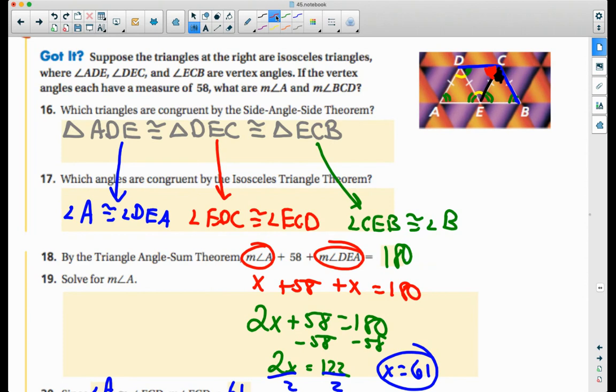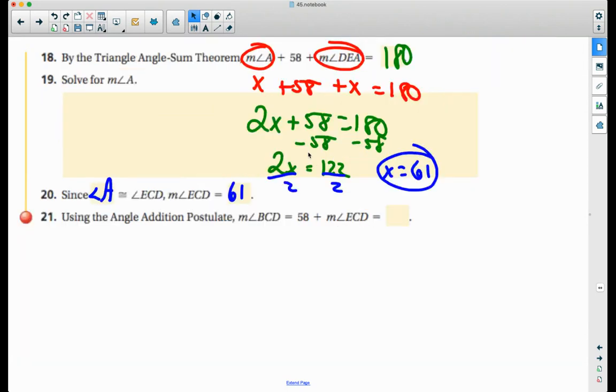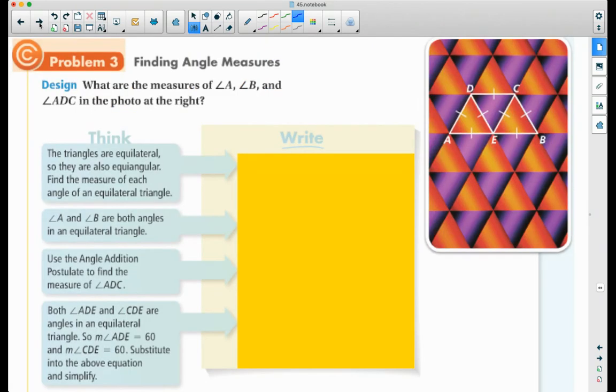We know each one of those measures already. The measure of angle BCD is going to equal 58 plus the measure of angle ECD. So that's 58 plus 61, which is going to give us 119. Go ahead and pause the video and try this one on your own.